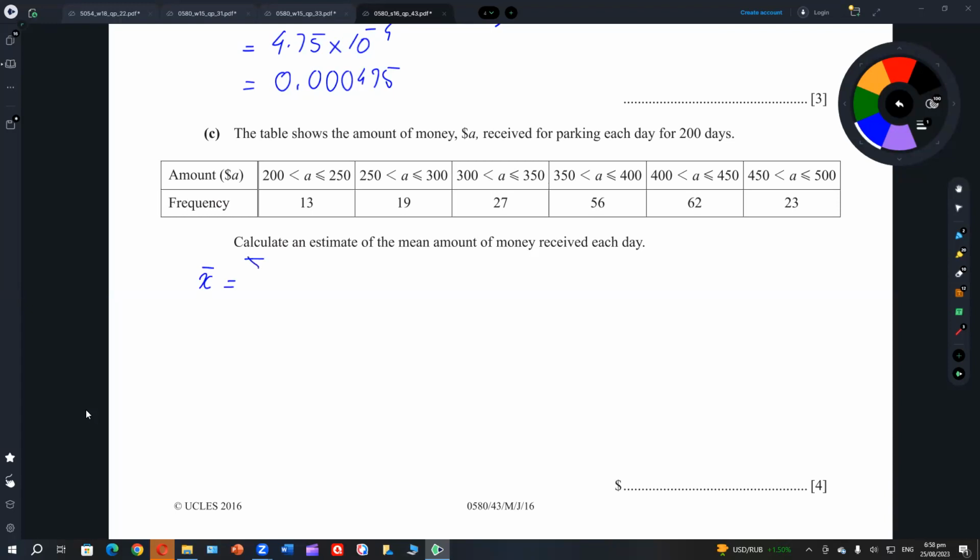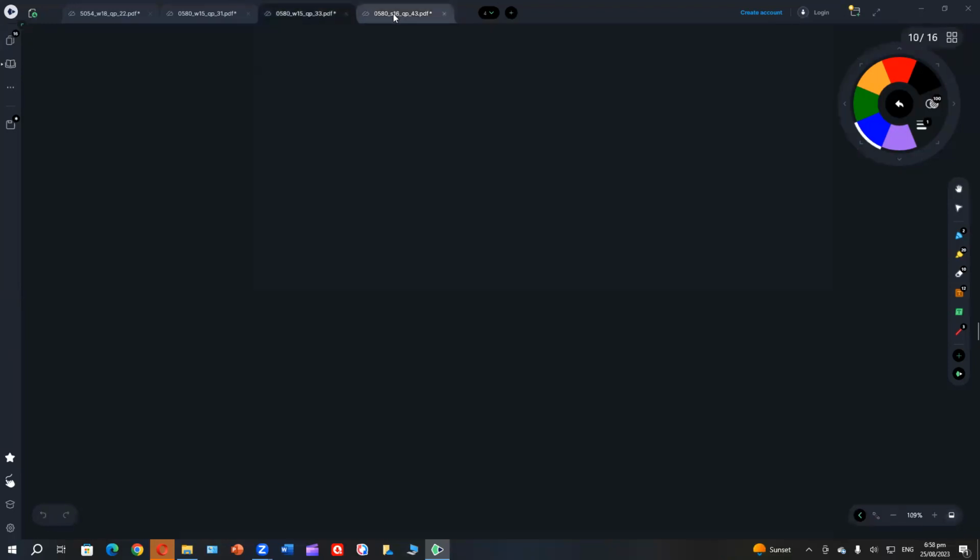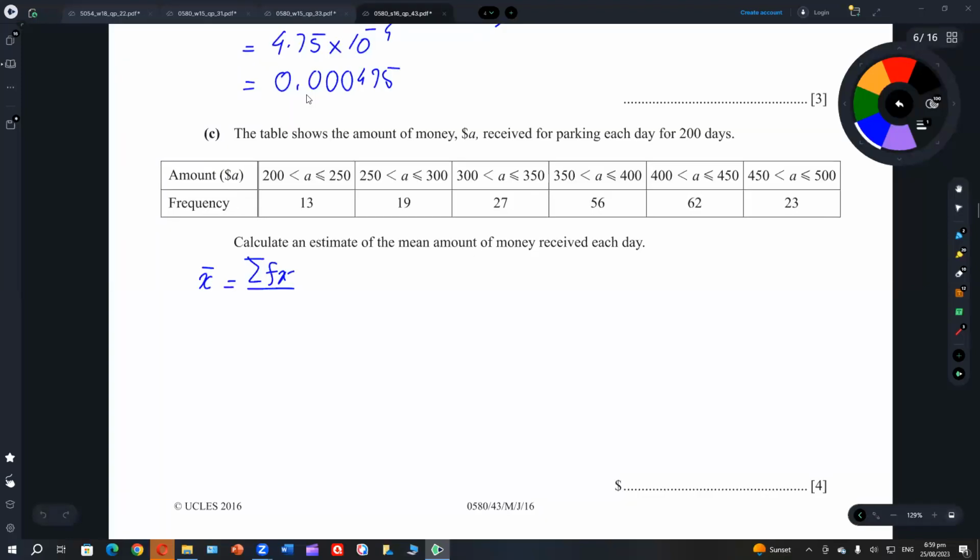So I'm writing the formula for you so you can get the formula back in memory.